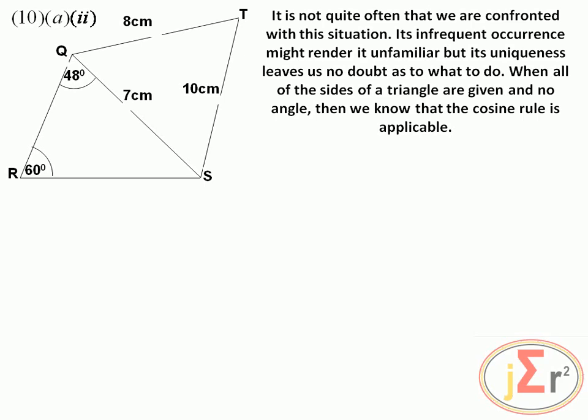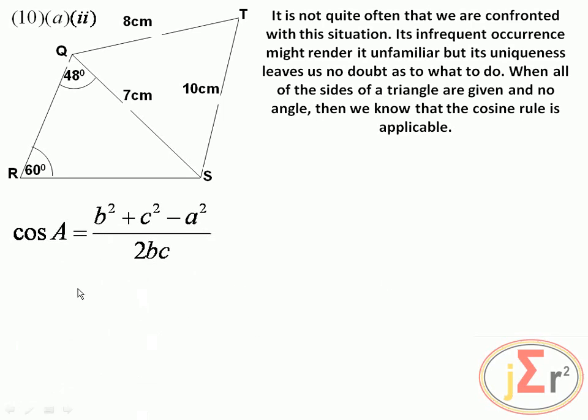Although we may use the cosine rule in situations where we do not have to, in this particular case we have to use the cosine rule. It is not often that we find a situation like this, so the circumstance might be unfamiliar. However, its uniqueness, as we said before, leaves no doubt that it is the cosine rule that we need to apply.